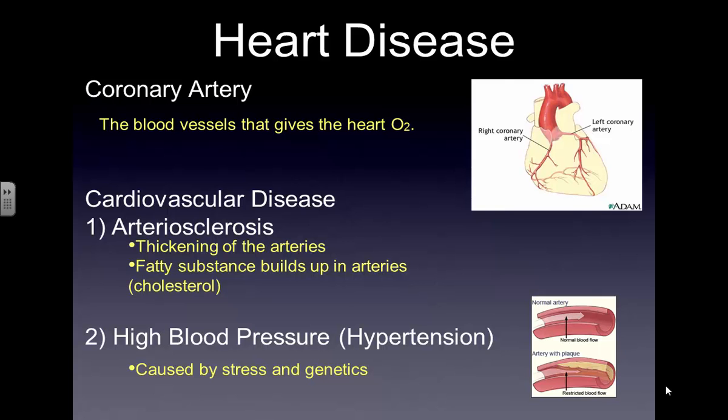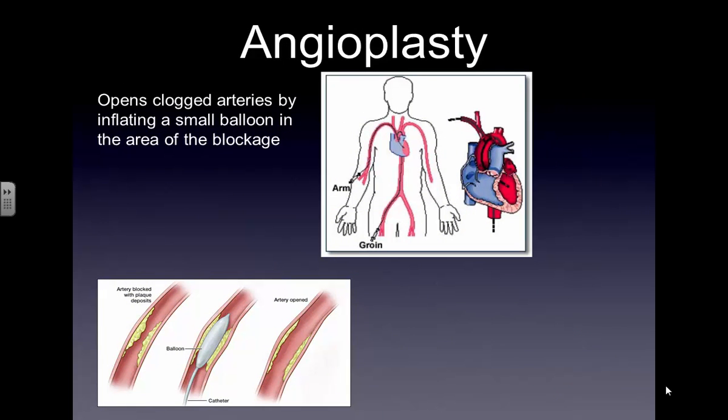And so if a person does have some sort of blockage, in a coronary artery especially, like if this is the artery bringing blood to their heart and it's getting clogged up with these plaques, this buildup, they can do a couple things. The first step might be what's called angioplasty. In angioplasty, what they do is they take a very long, very thin wire.